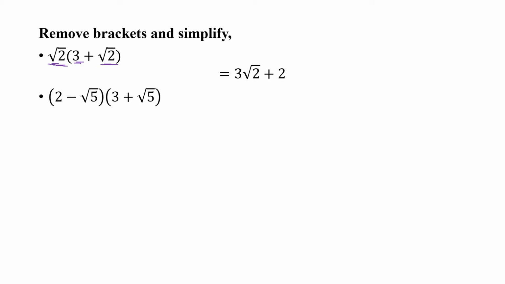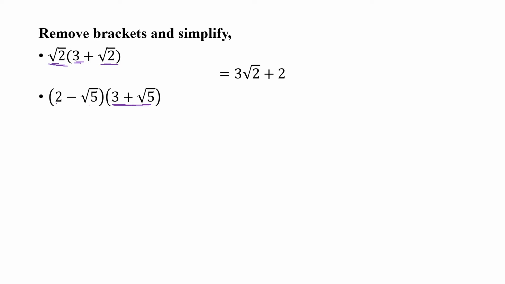In this case, just like in algebra, this means 2 minus root 5 is multiplying everything in these brackets, or 3 plus root 5. Everything in the first brackets is multiplying everything in the second brackets. So this 2 is multiplying the whole of this bracket.